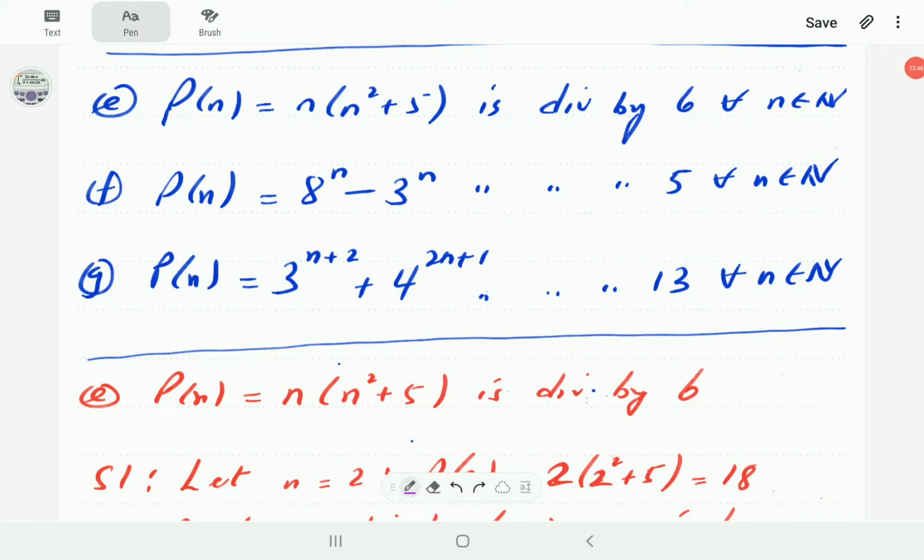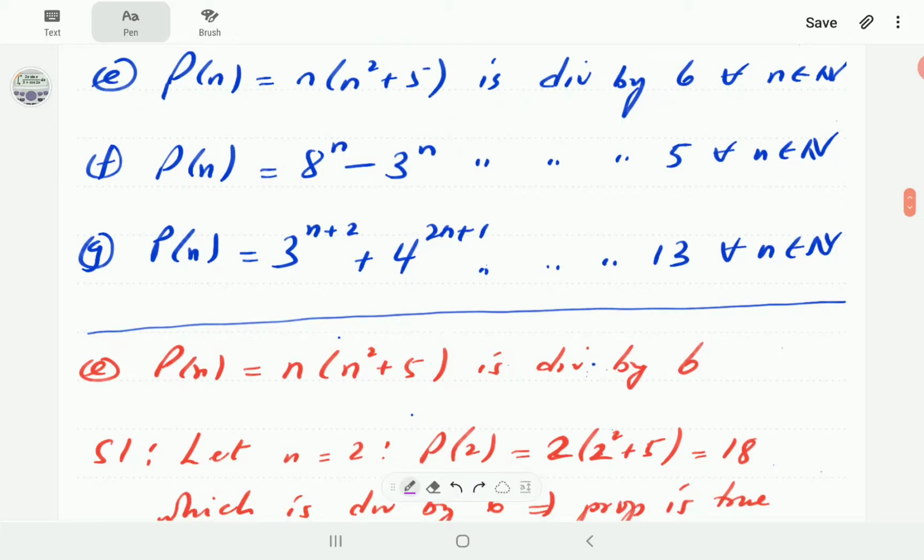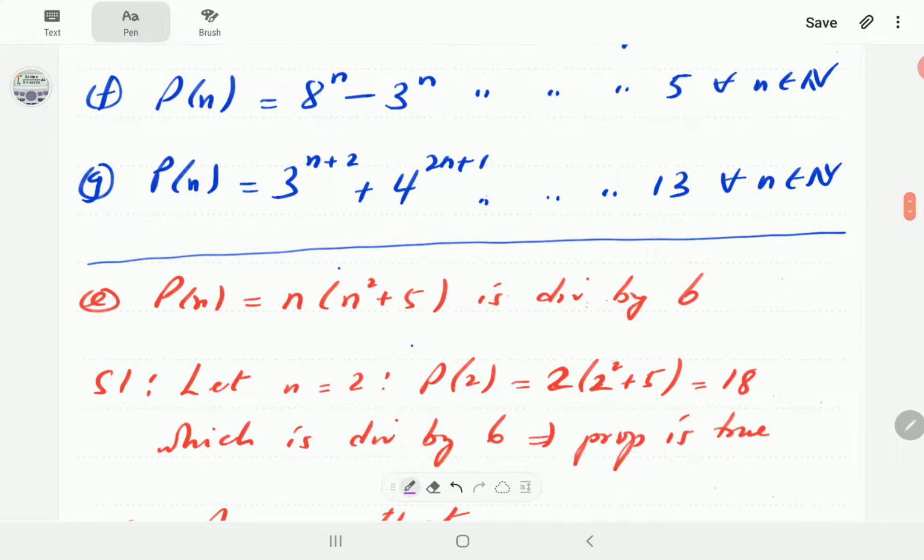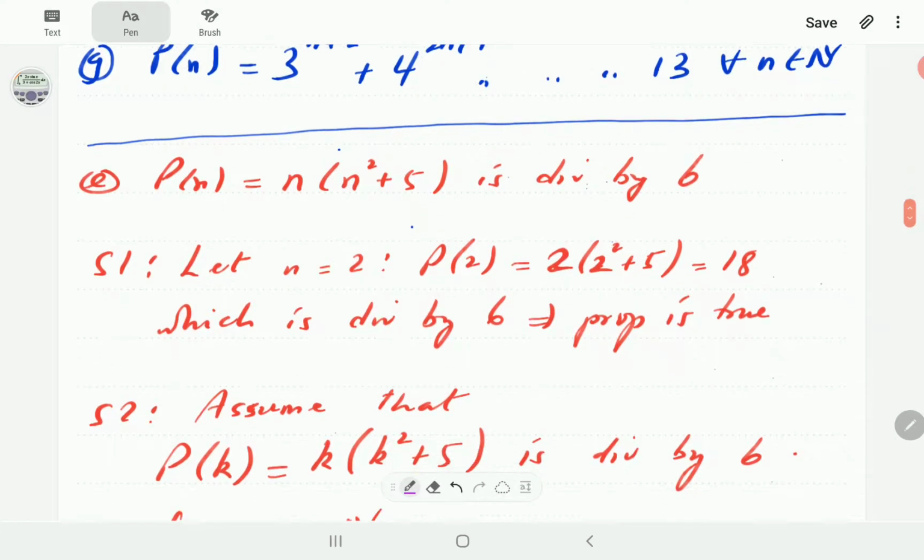Alright, so for E, we have got P of n equals n into n squared plus 5. This is divisible by 6. That's what we are supposed to prove. So if we try this for n equals 2, P of 2 is equal to 18. Now, of course, this is divisible by 6, so the proposition is true for n equals 2.